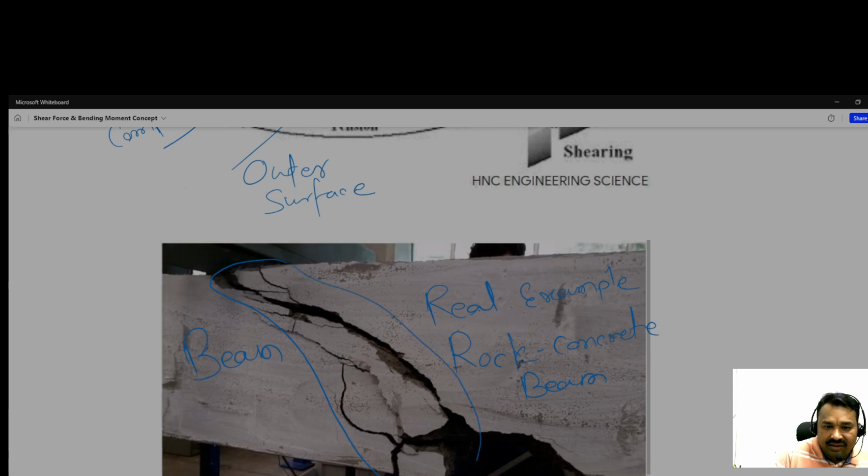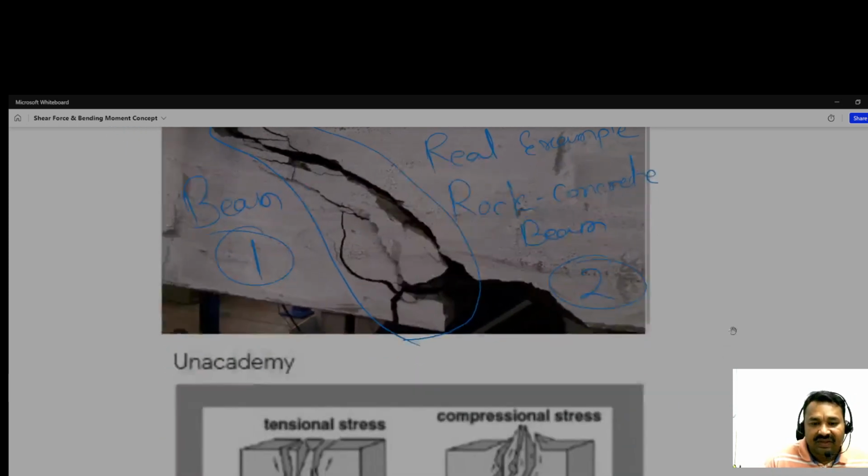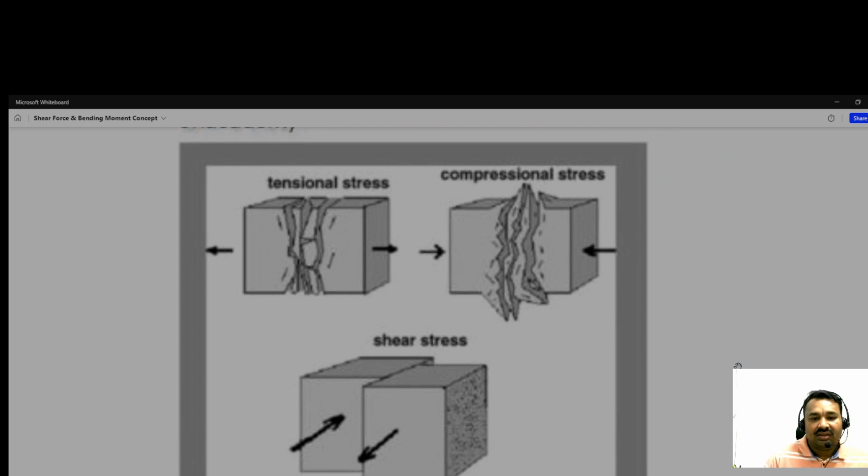Due to shear force there is failure. This portion has sheared off, meaning it is trying to separate. Suppose this is 1 and this is 2, so both parts due to shear force are trying to be separated. That means deformation. And this again, due to tension what happened, due to compression what happened, and due to shear what happened.